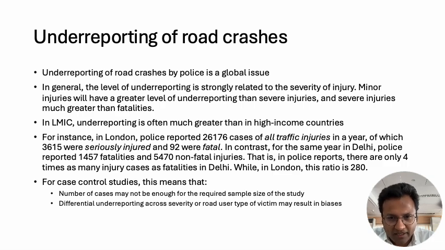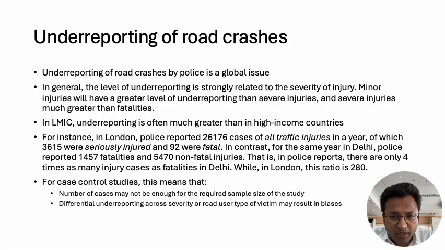So, for example, as a hypothetical case, if there are about 100 crashes taking place in a study area that you are interested in, these 100 crashes may have some minor injuries, some severe injuries. Severe injuries may mean, for example, that the people who are injured may have to be hospitalized, and they may also include some fatalities.